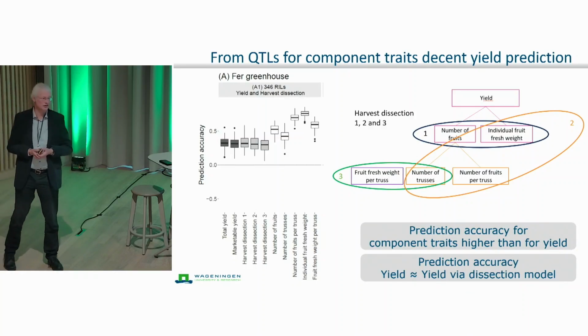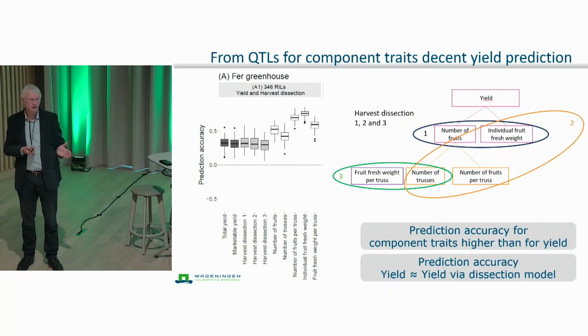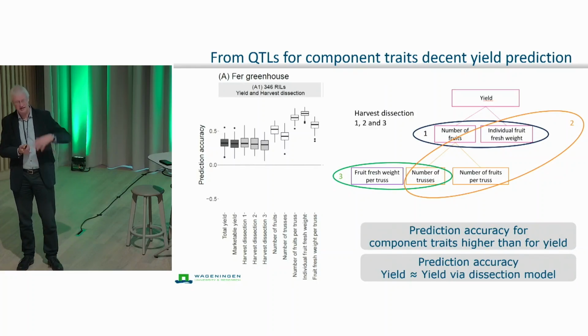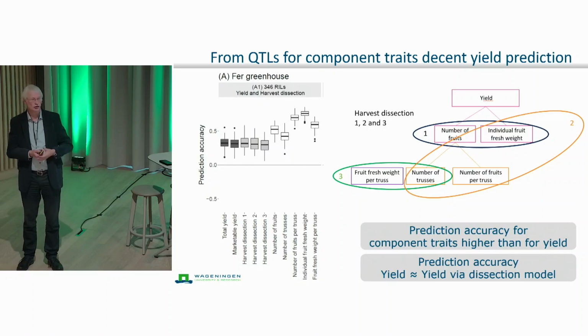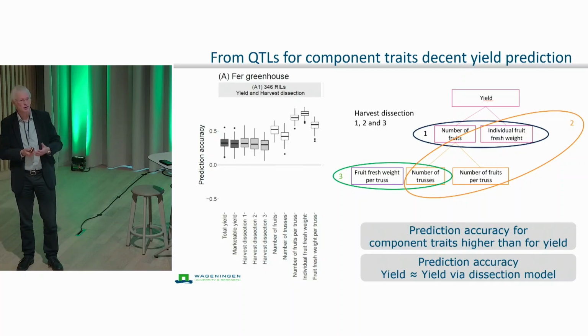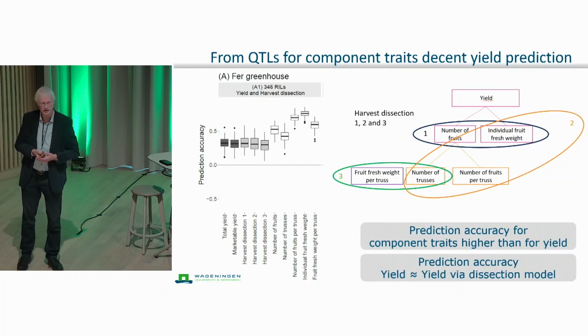Now you might wonder, what have we gained now? Because the prediction accuracy for directly using QTLs for yield is the same as using the steps in between, with the QTL for predicting the harvest dissection components and then predicting yield. But we still have the advantages that we know now better where QTLs for yield come from. And perhaps some of these components we can measure in an earlier stage.